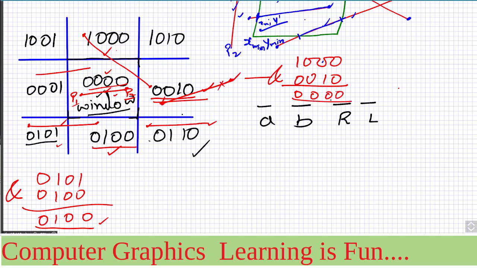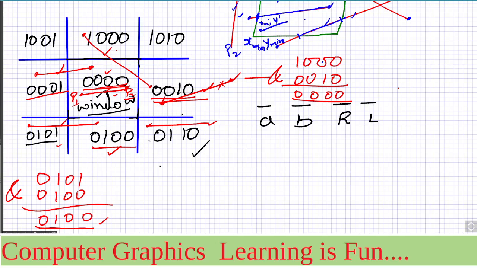Okay, yes, it is coming like that. Let us check for this line. One point is inside and one point is outside. It is 0,0,0,1 and 0,0,0,0. So it seems like the AND operation will give you 0,0,0,0, isn't it?